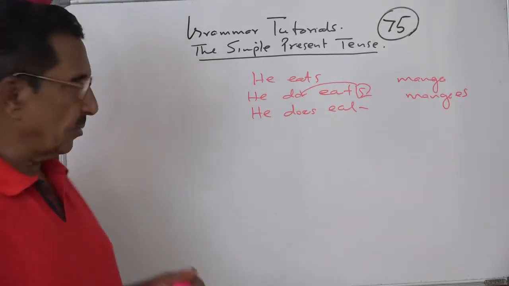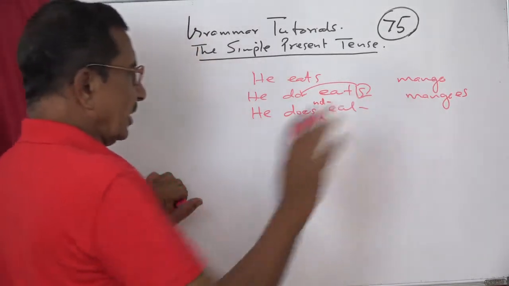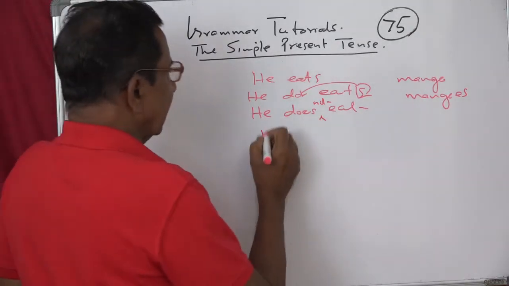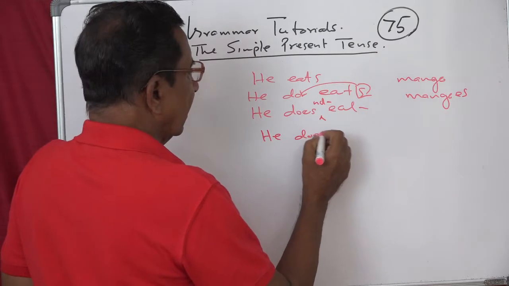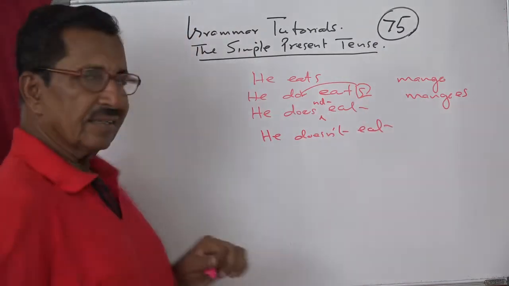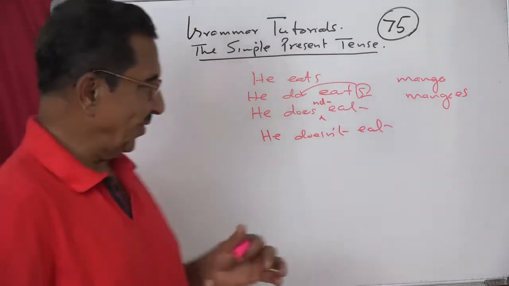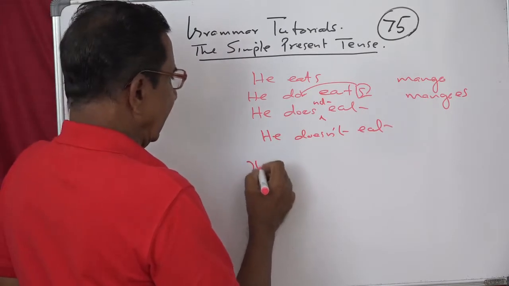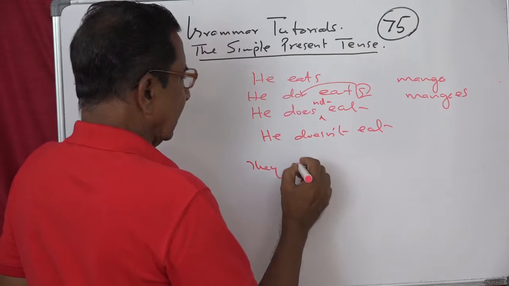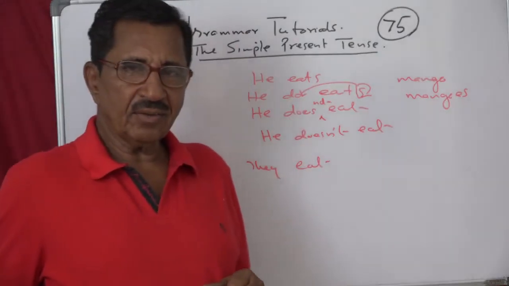Now it is easy to make the negative. How will you make the negative? Insert not here. Does not eat. And the contracted form is he doesn't eat. Right? Simple. The same with do. They eat. Then how will you make the negative?